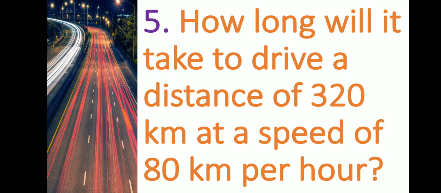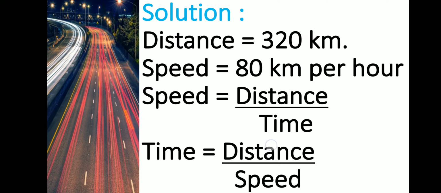How long will it take to drive a distance of 320 km at a speed of 80 km per hour? See what we have to find out. How long? How long means what we have to find is time. Let us see the solution. Distance 320 km, speed 80 km per hour, and we know the formula, speed is equal to distance upon time, and we have to find out the time.